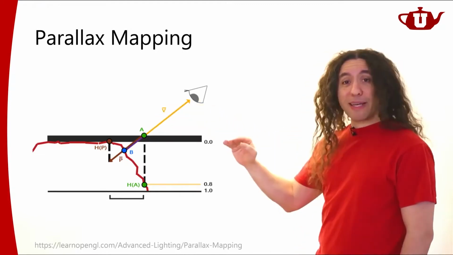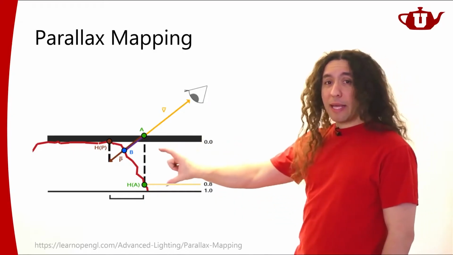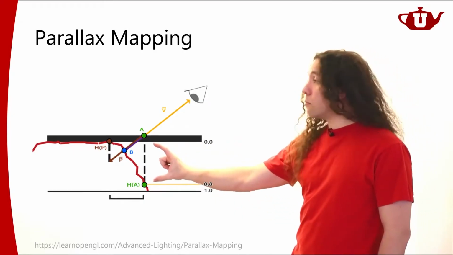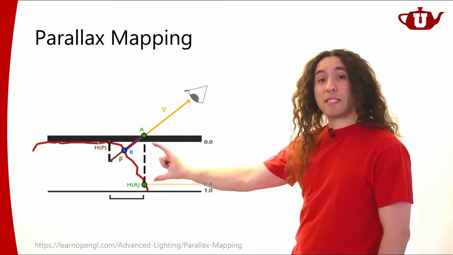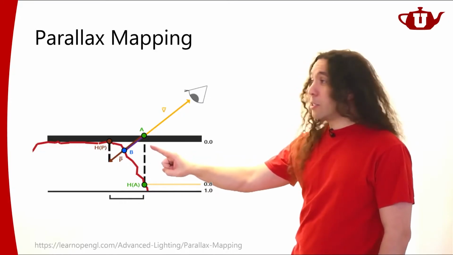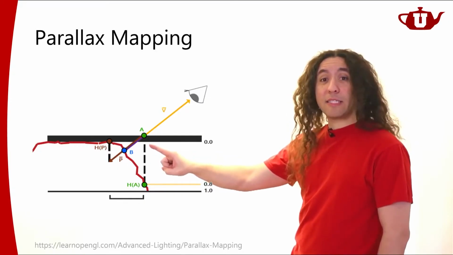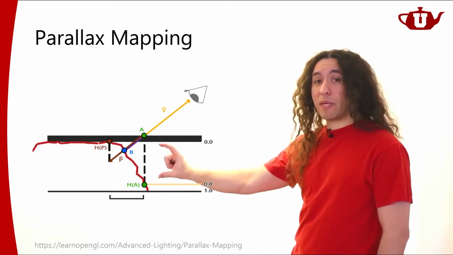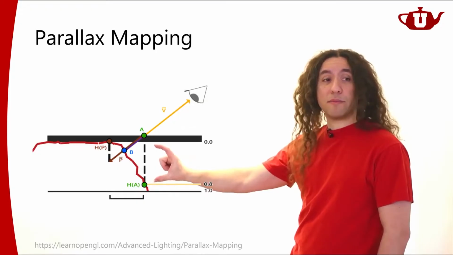And I'm going to read my displacement map, and it will tell me how far deep the surface is at this point. Right? If I know the UV coordinates of this point, which I do in my fragment shader, then using that UV coordinate I can just look up that texture and it tells me how far the surface is from that point.